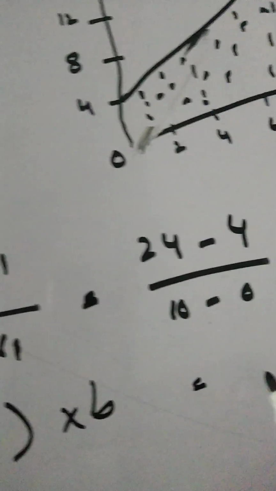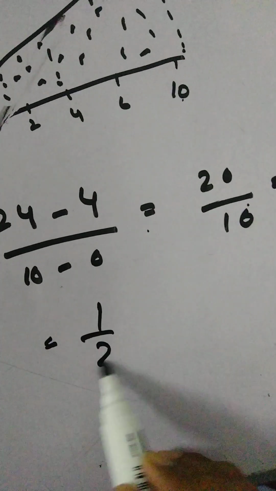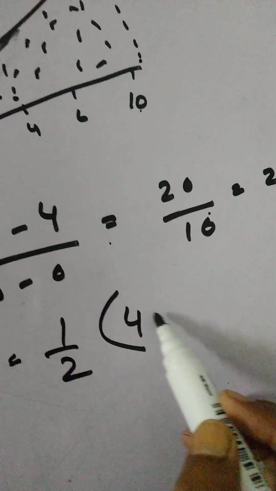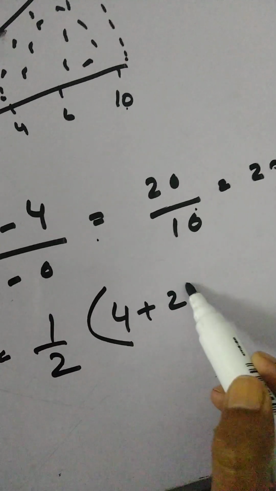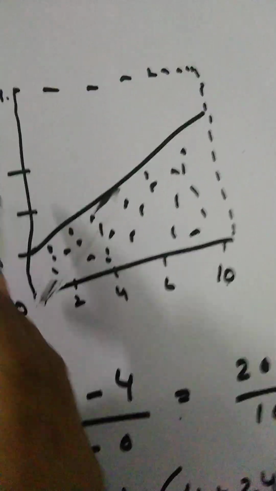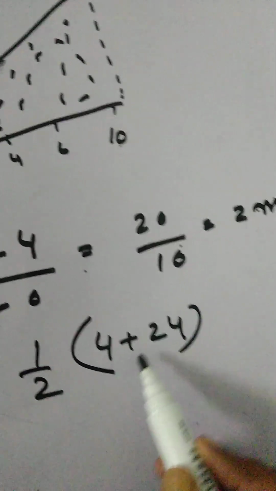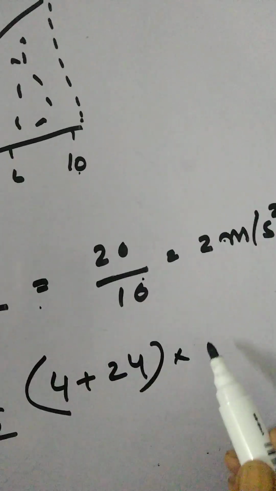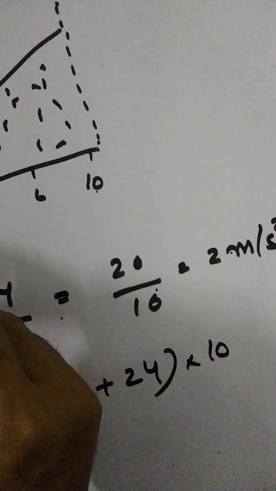Now after putting the values, 1 upon 2 times (4 plus 24), a and b, multiplied by the value 10.